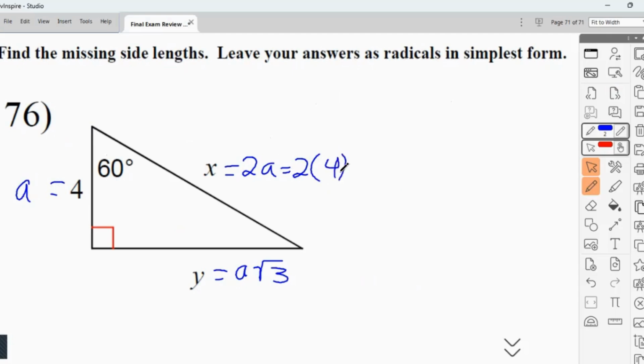Yeah, so that will be 8. x is equal to 8 then, right? And then y is going to be equal to 4 square root of 3. Yeah, I think we're good on that one.